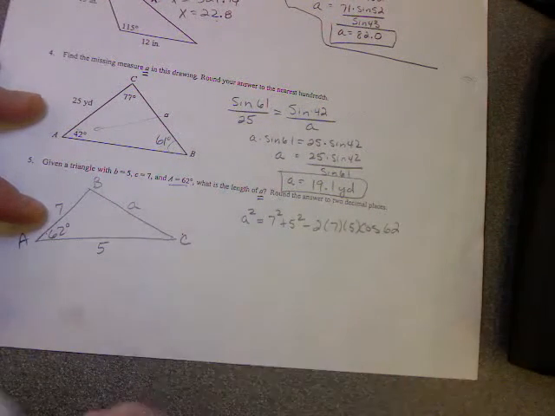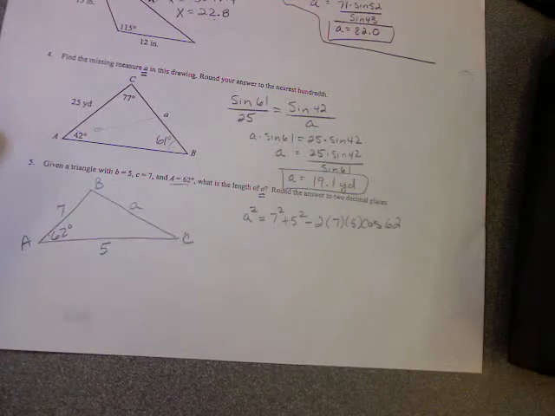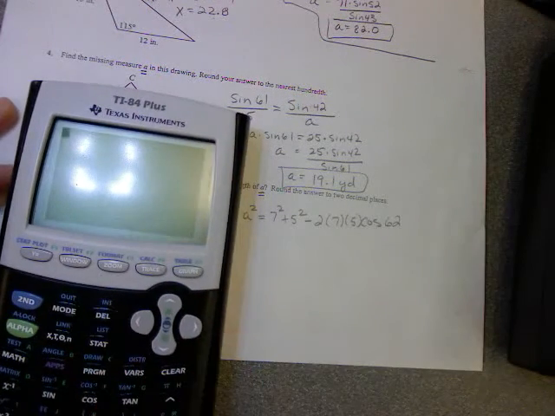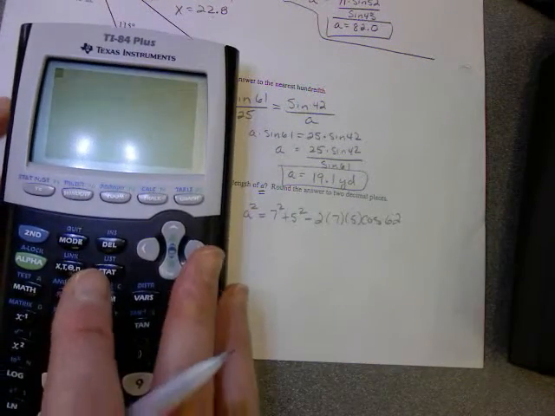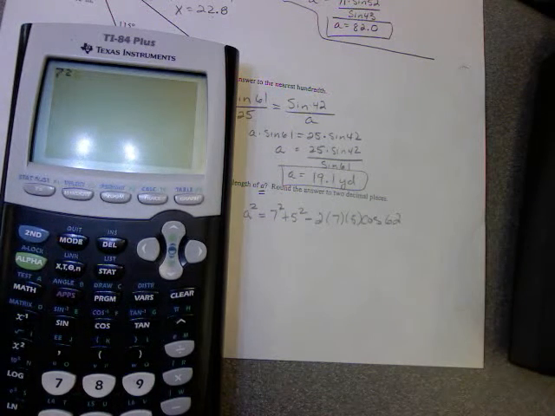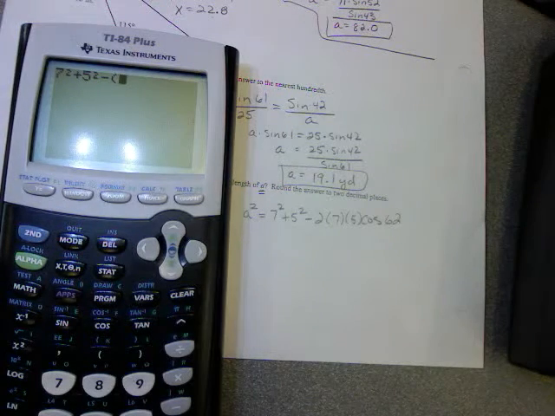Now, since we're looking for A, again, this is a problem where we can just enter it all into the calculator at once if you use the parentheses the correct way. So we'll do 7 squared plus 5 squared minus parentheses. All this is getting multiplied together first.